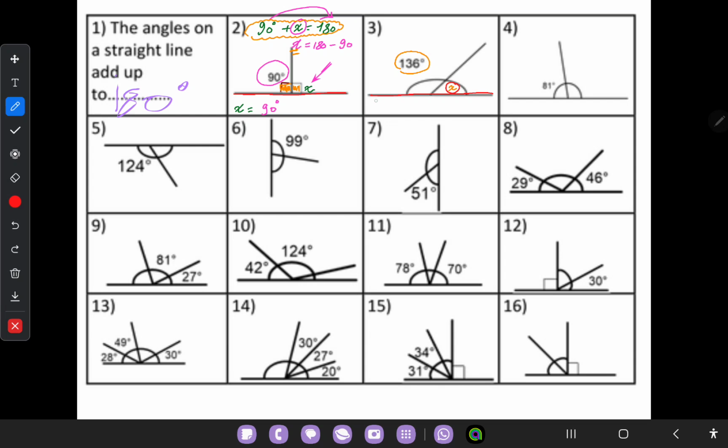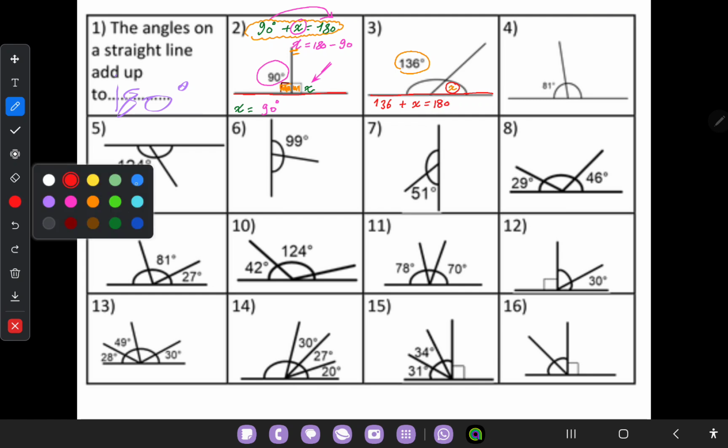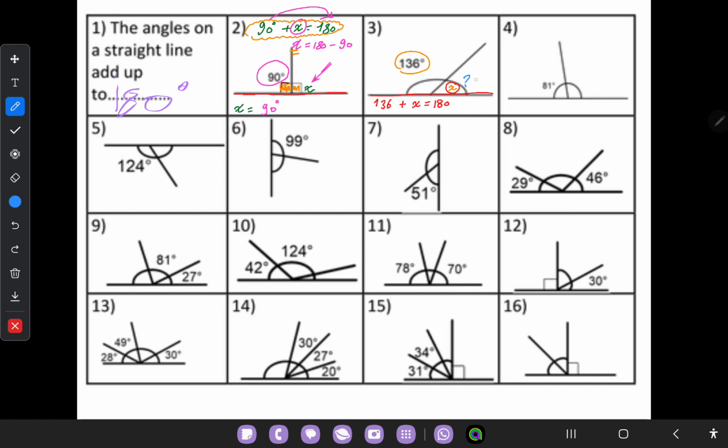So 136 added to x will be equal to 180. To get the missing angle x, we have to subtract 136 from 180.